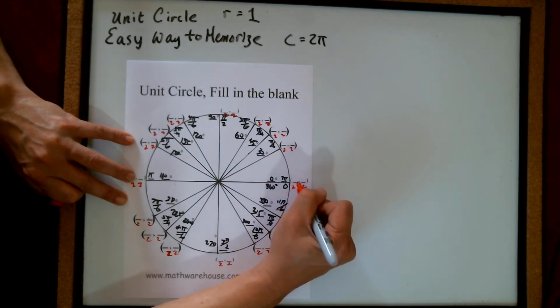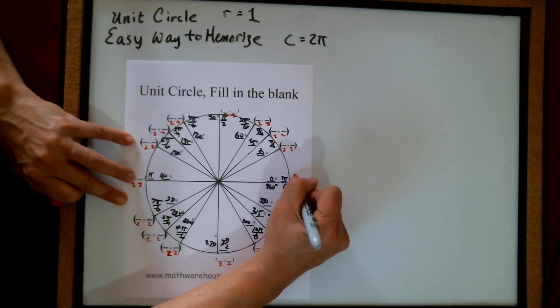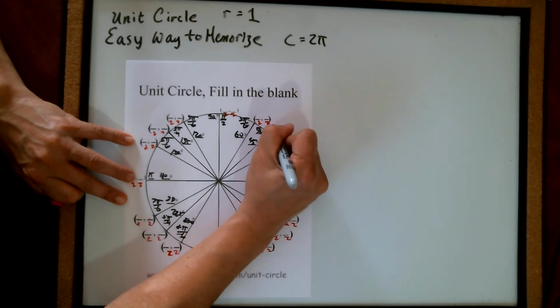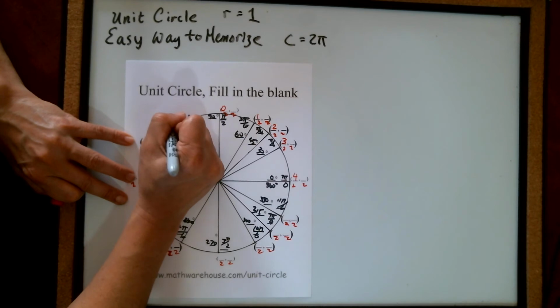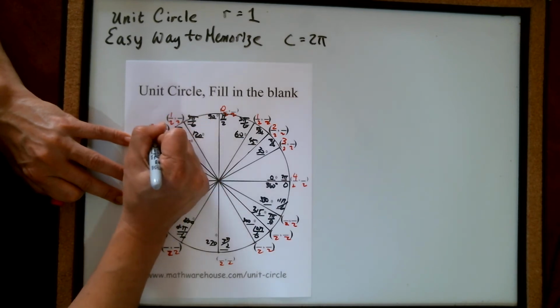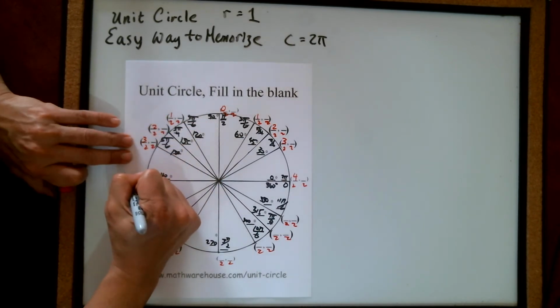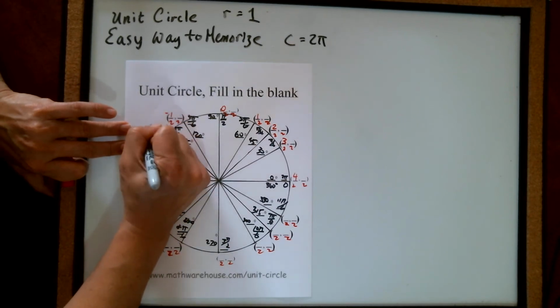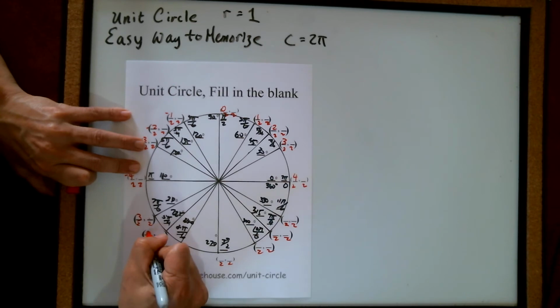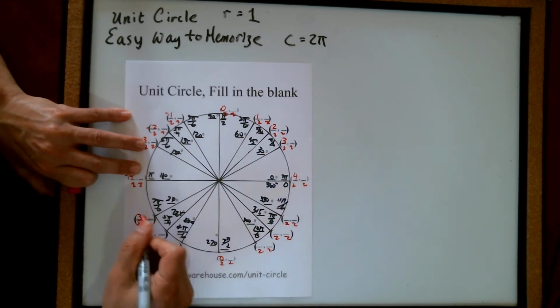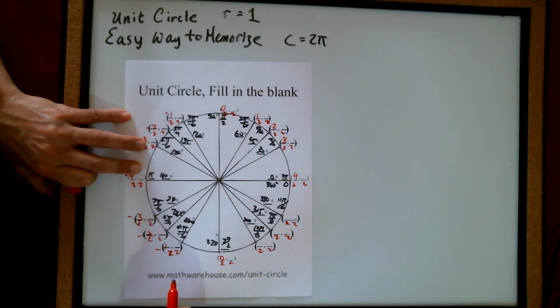For the x-coordinates, this starts off at 4, 3, 2, 1, 0, and it goes backwards now. 1, 2, 3, 4. Don't forget, it's negative on the x-coordinate, right? 3, 2, 1, 0 is negative as well.